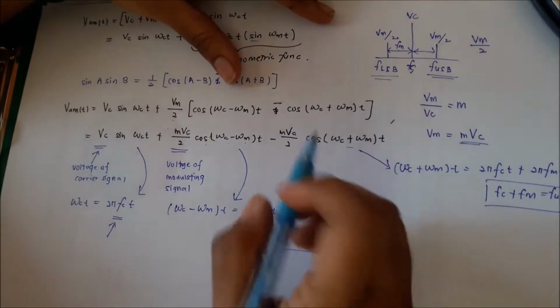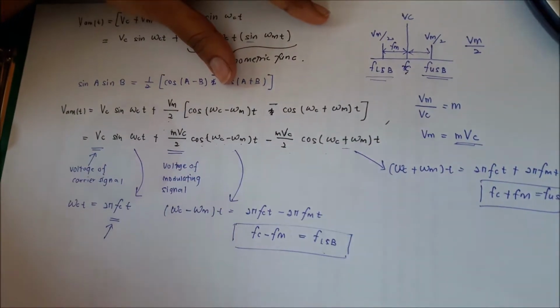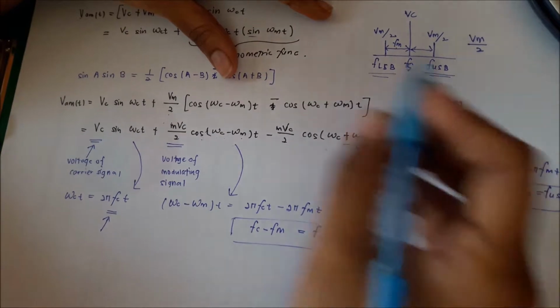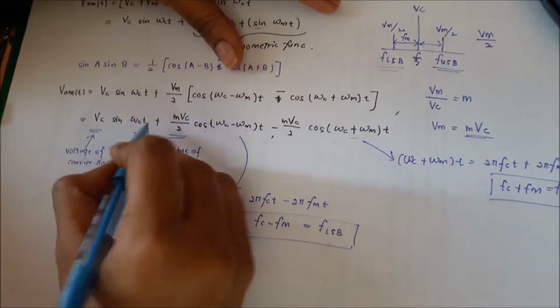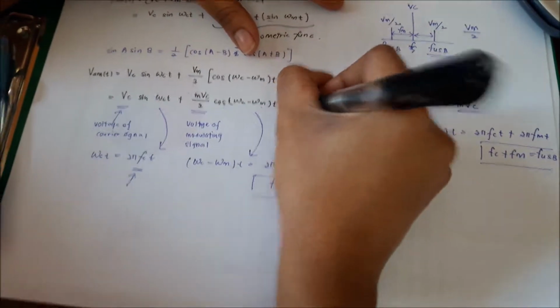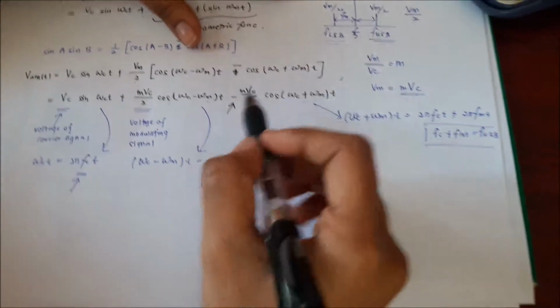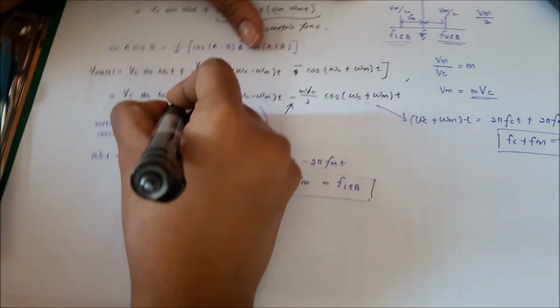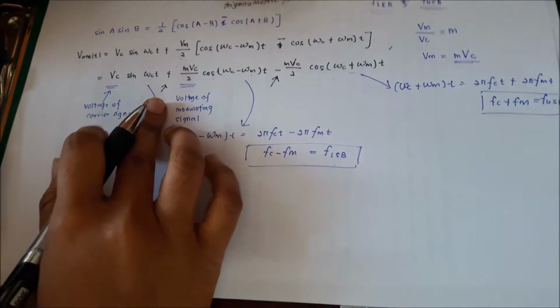And another way to indicate your lower side band and upper side band is simply by looking at the symbol in this equation. If you look here, this is a negative symbol showing you that it is lower side band, and a positive symbol here showing you this is upper side band.